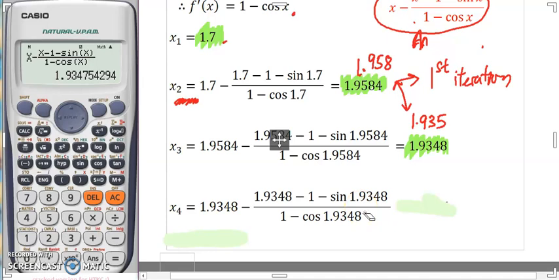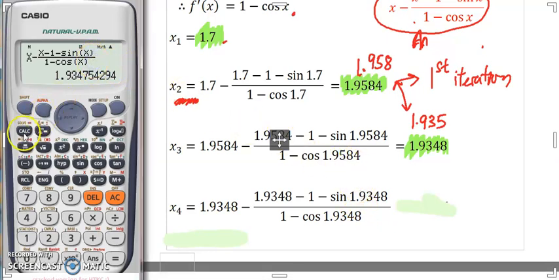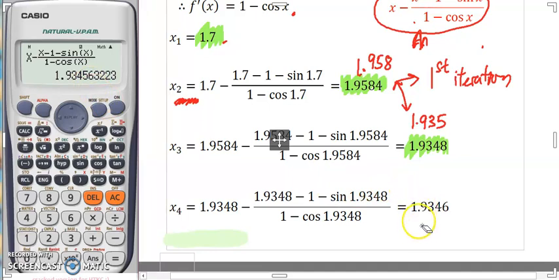With the calculator still on this screen, we press calculate, insert the answer, and then press equal. So I have my result 1.93456. I keep the answer up to 4 decimal places in my calculations here.